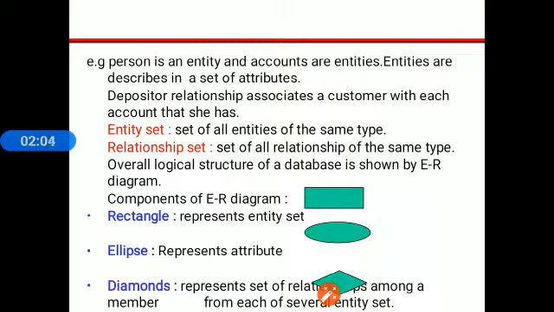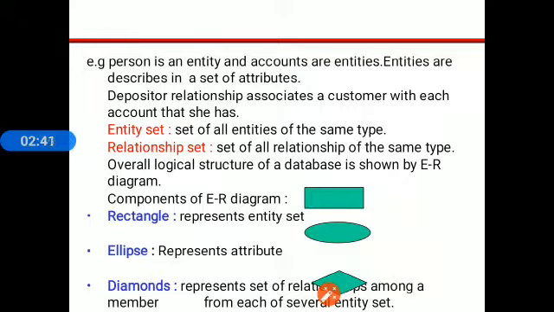So first of all we will see how an ER diagram is shown by different symbols. These symbols are also called components of the ER diagram. The very first component is the entity. An entity is indicated by a rectangle. Then each entity has some attributes, or we can say some properties, and these properties are indicated by an oval shape or ellipse.